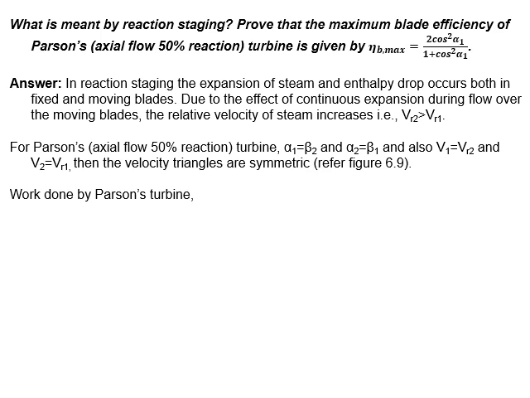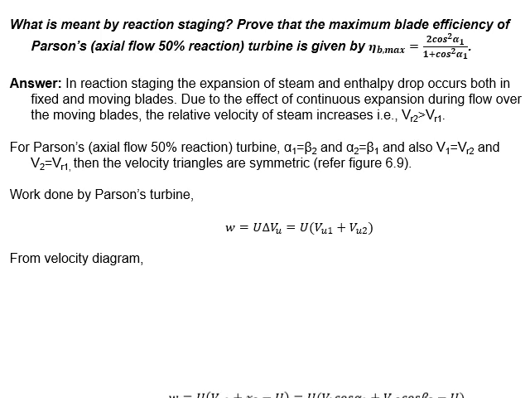Now what is the work done by the Parsons turbine or 50% reaction turbine? W is equal to U into delta VU, which is equal to U into (VU1 plus VU2).